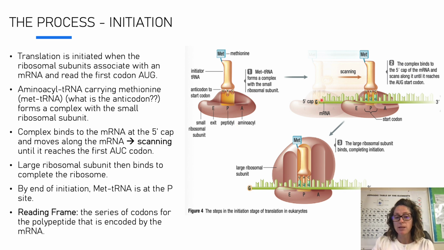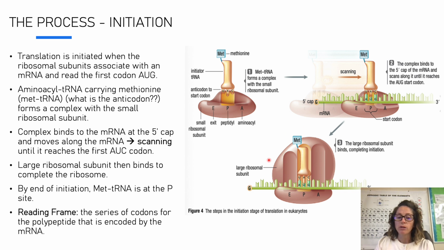Next, this complex binds an mRNA, and it was recognizing that 5' guanine cap. Remember, there's how many? 7, yep. And then it's going to move along the mRNA until it meets that AUG codon, which is the start of the polypeptide. So this is called scanning. It'll literally scan the mRNA until it gets to that AUG.